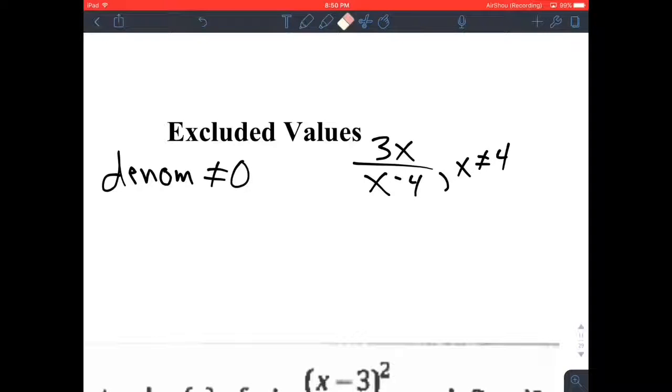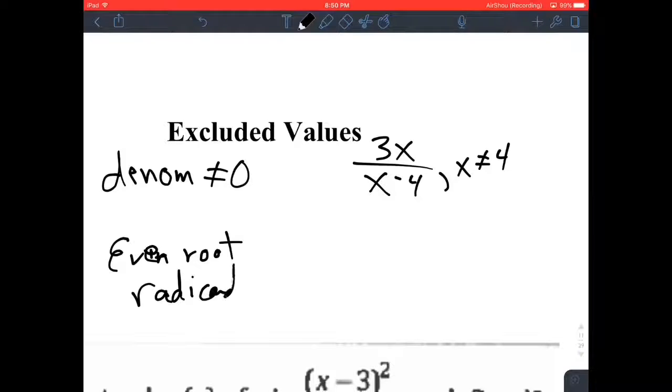Can't happen. Also, excluded values happen if you want to use just real numbers. You don't want your even root radicand, I'll explain what that means in a second, to be less than 0. You want that to be bigger than 0.